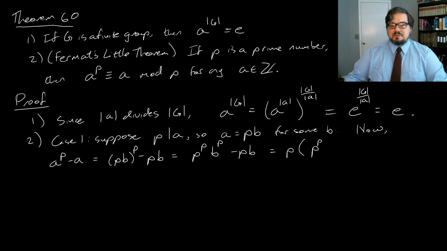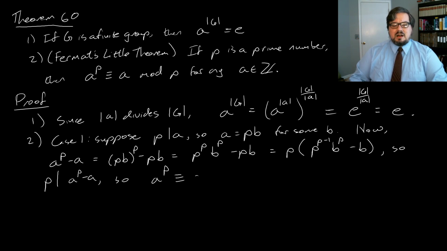So we get P times P to the P minus 1 times B to the P minus B. So that means that P divides A to the P minus A, so A to the P is congruent to A mod P.